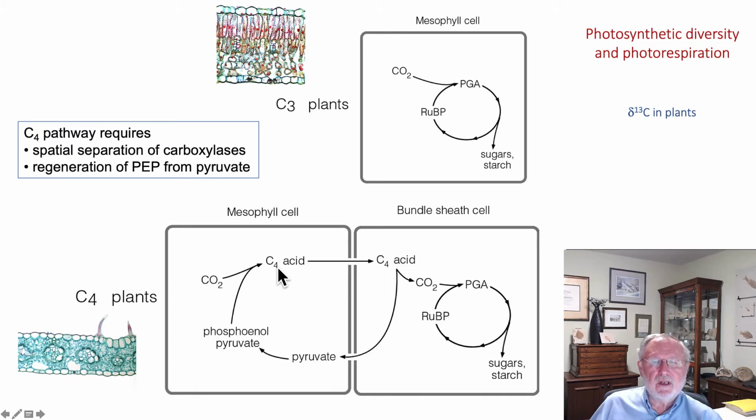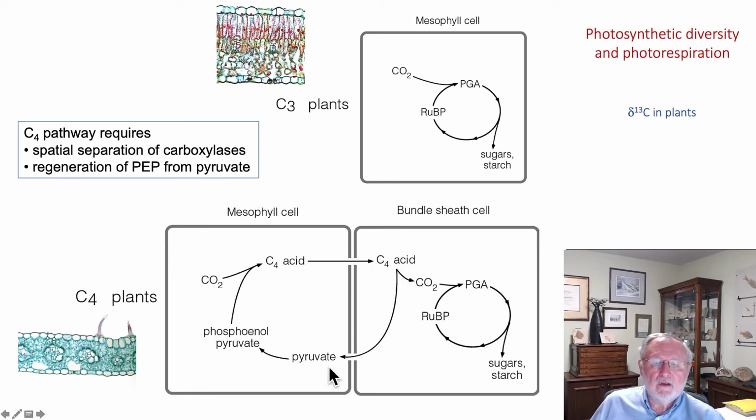That's the first stable product, hence the name C4. The C4 acid diffuses into the interior cells through plasmodesmata openings, where it's decarboxylated, releasing the CO2, and pyruvate comes back.